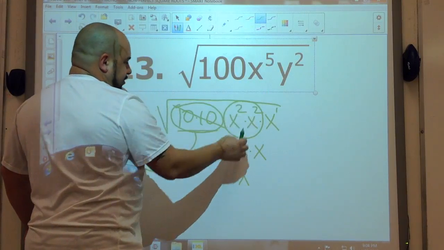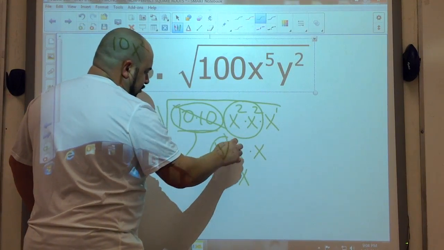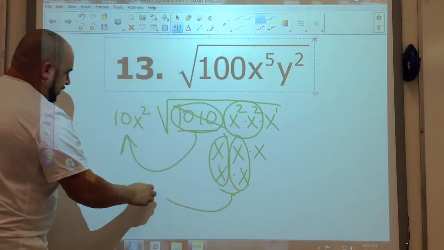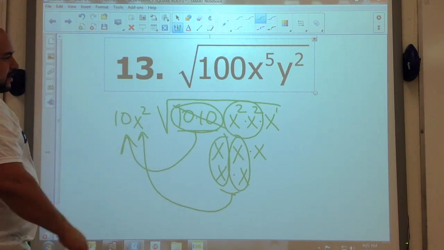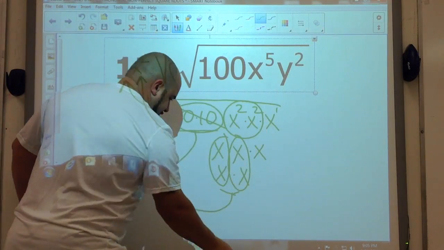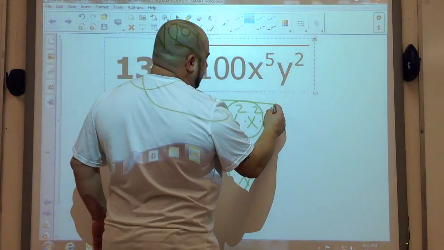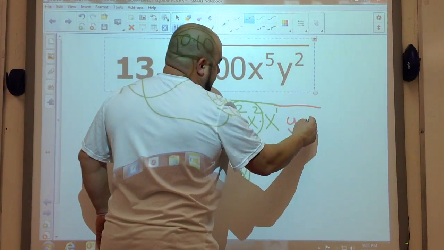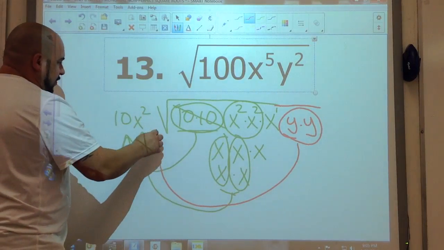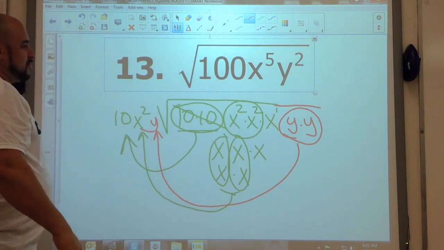I have 5 x's, and there's one group, there's 2 groups, and again, that's shown right here, and I still have 1 x left. Now we have y squared, so I have 2 y's, so I have a set of y's, and that can be represented out here.